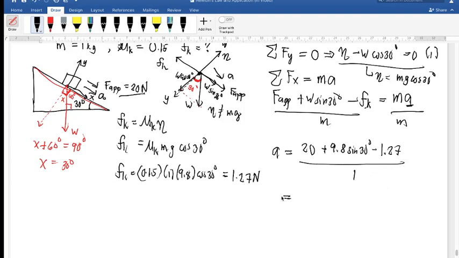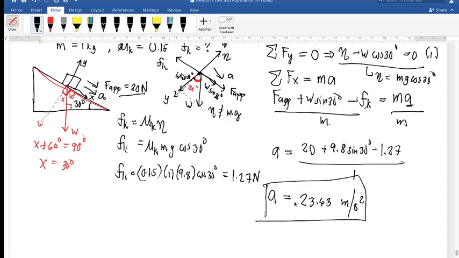So how much is that? So we have 20 plus 9.8 sine of 30 degrees minus 1.27. So that is actually equal to 23.63 meters per second squared. Ooh, that is very fast. So yeah, I think that is positive because it is to the left. Or it could be to the right, I mean.